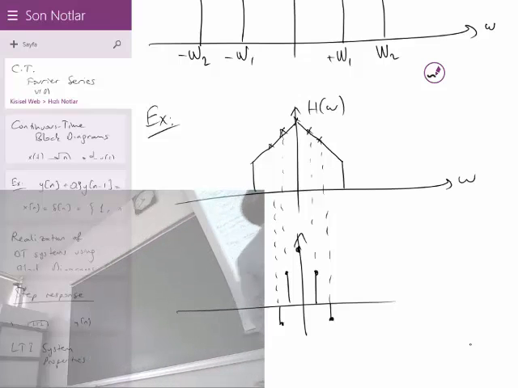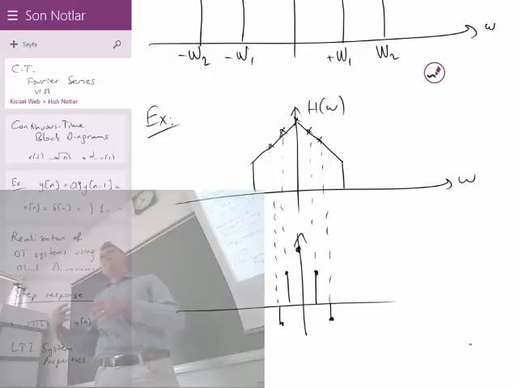This harmonic will be multiplied with this value. This DC harmonic will be multiplied with this sample value, etc. That's how you filter, or pass, your periodic signal: by finding the harmonics and multiplying with H of omega. It may be even more complicated shapes, but that shape must be given to you in order for you to solve the question.